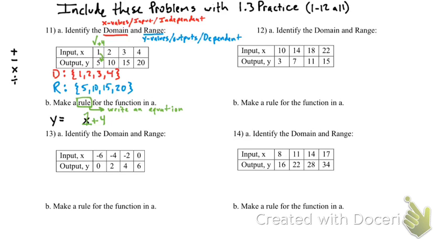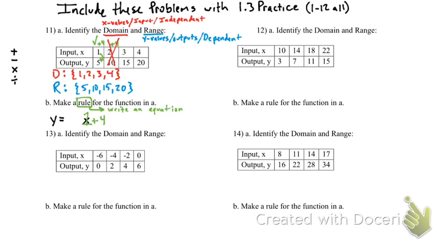So let's try this again. What if I do plus 4 to 2? We can't change the rule. My rule is plus 4. So what is 2 plus 4? Does it give me the correct output? And the answer is no. This rule does not work for that output.